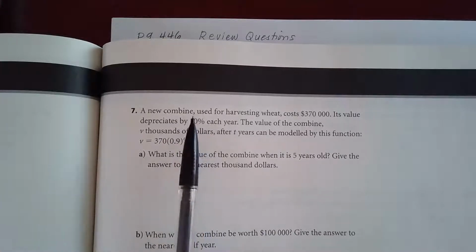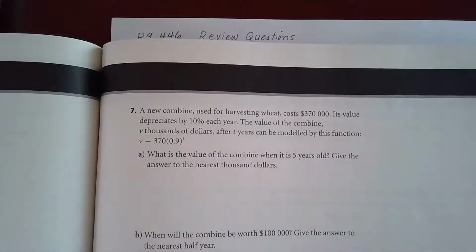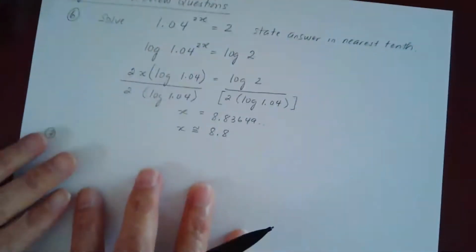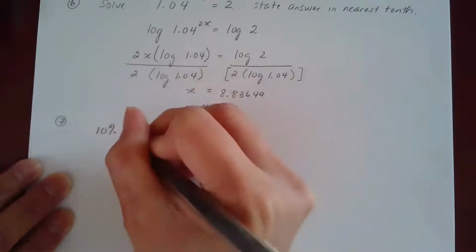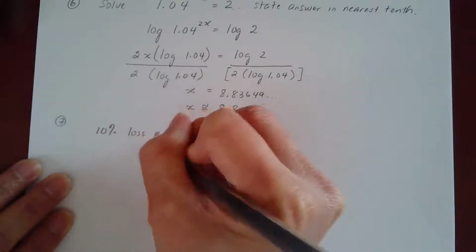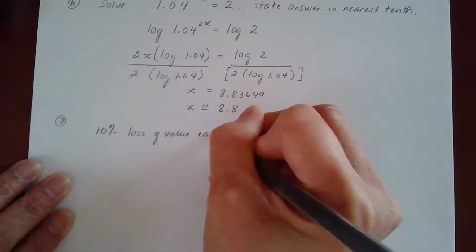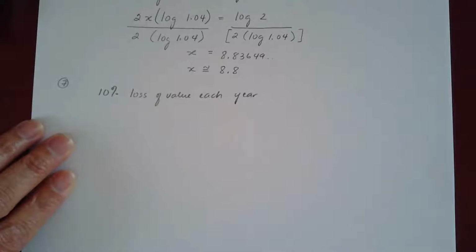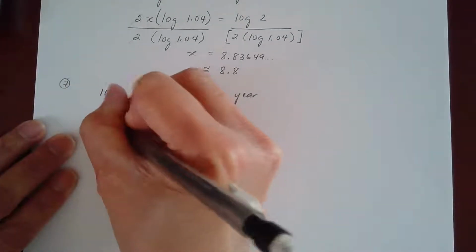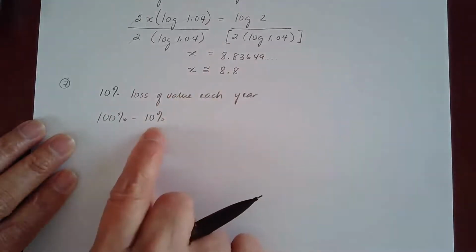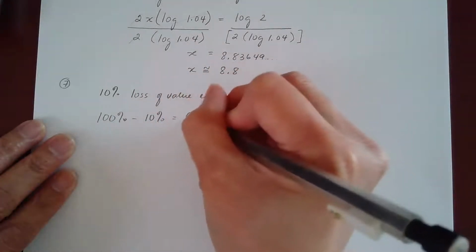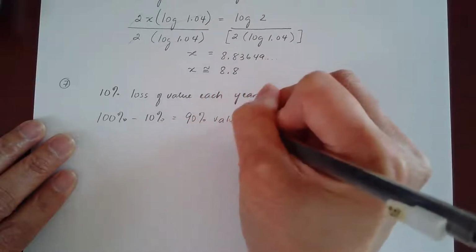So if it lost 10% each year, then that means 10% loss of value each year. So if it lost 10%, how much remains? Started off with 100% minus 10%, which was lost. Now we're left with the 90% value left over.